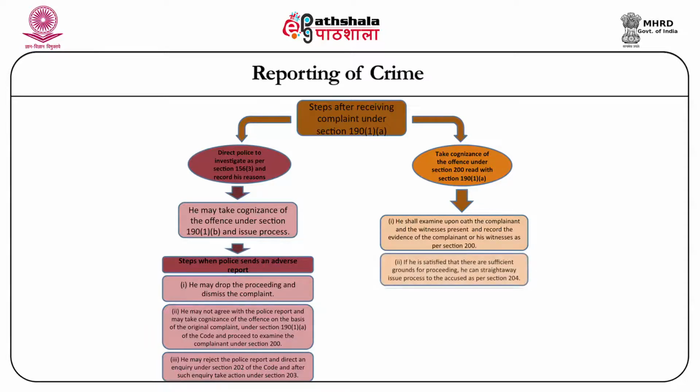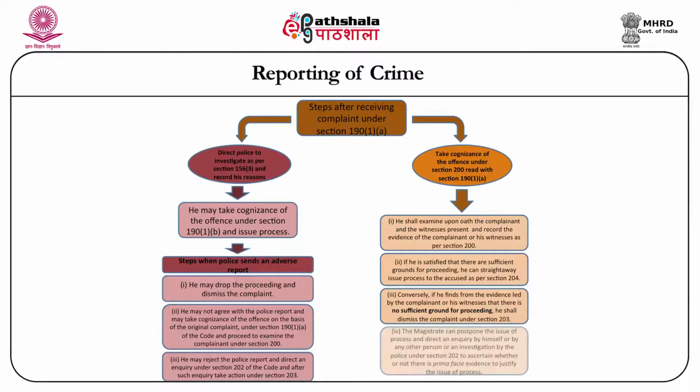Second, if he is satisfied that there are sufficient grounds for proceeding, he can straightaway issue process as per section 204 to the accused. Third, if he finds from the evidence led by the complainant that there is no sufficient ground for proceeding further, he shall dismiss the complaint as per section 203 of the code.